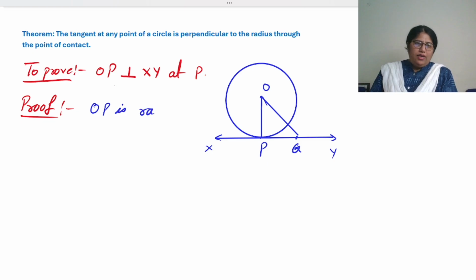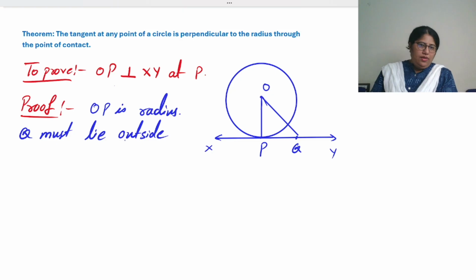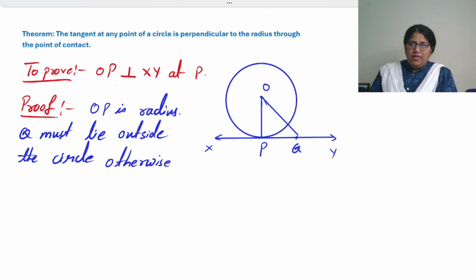OQ must lie outside the circle, otherwise, if I take any point inside the circle, if Q is inside, the length will be less than the radius, and then your tangent will become a secant, right? So we can't take it.